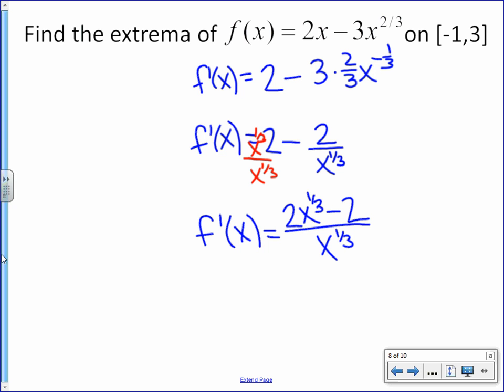Okay? In order to find critical numbers, we are going to need to decide when the derivative is 0 as well as when it is undefined. So first of all, when our derivative is 0, since we have a fraction, our derivative is going to be 0 when our numerator is 0.